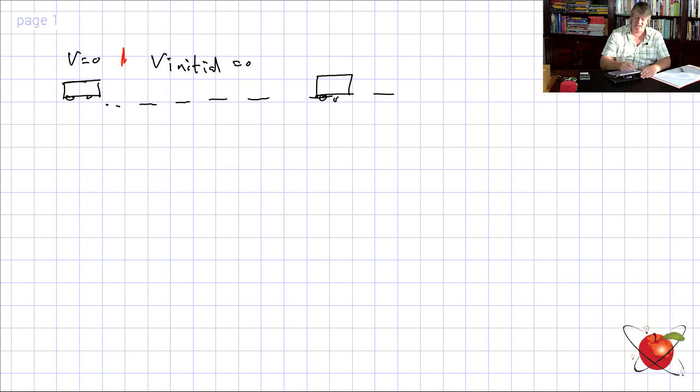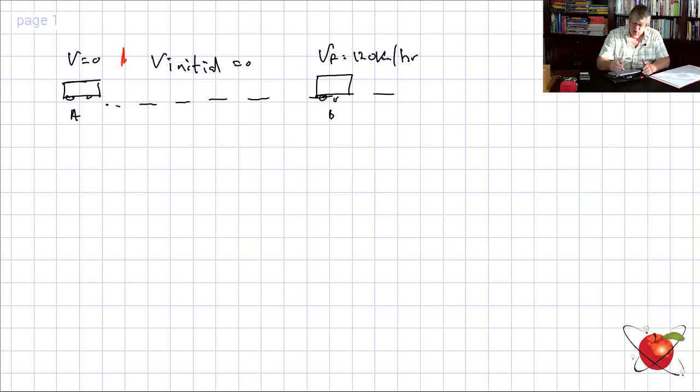Let's say this was A, this is now B. And they say that at point B the truck was traveling at 120 kilometers per hour. Therefore, V_f is 120 kilometers per hour. All right? What do we do then?